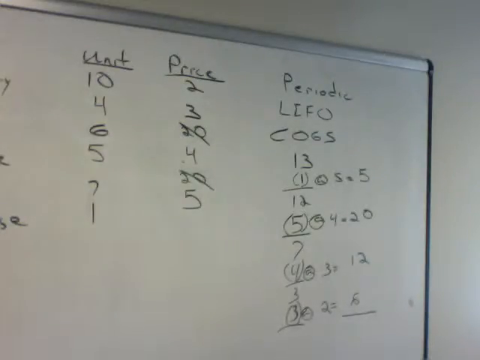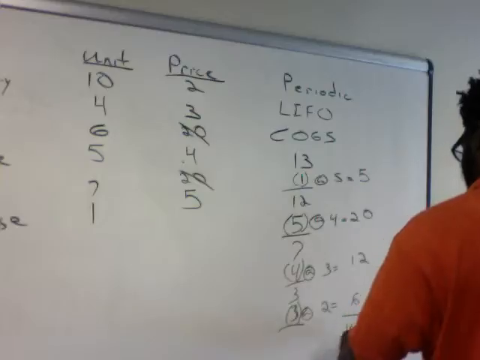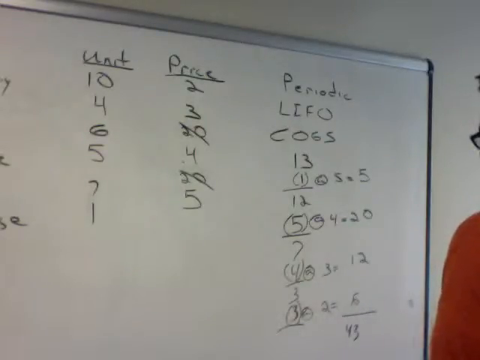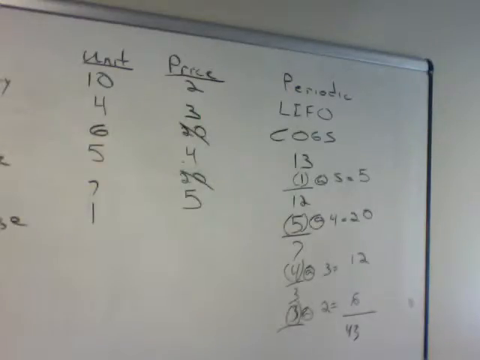So what is that? That's 32, 32 and 6, 38, and 5, 43. Right? 18, yep, 43. So our total cost of goods sold is 43 under LIFO.